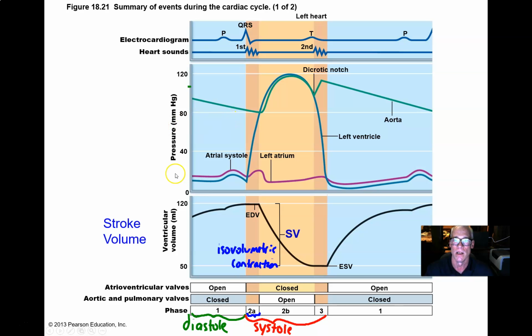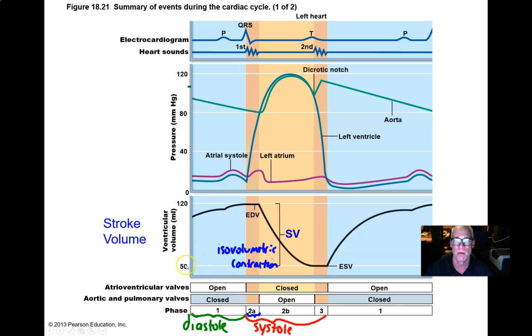Okay, one last thing. At the end of diastole, end diastolic volume, that's what that's called. How much blood is in the ventricle? It's the end diastolic volume, right before a contraction. Then the ventricles contract and eject blood. As you can see, we don't eject all the blood.